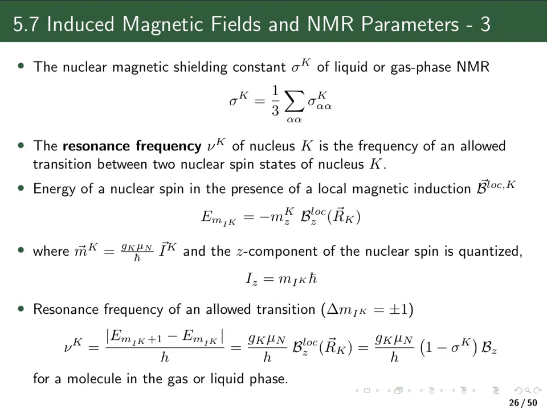So we actually don't know what the magnetic field outside of the molecule is. We know what the magnetic field of the magnet is, but we don't know what the magnetic field is in our probe, just outside of the molecule in solution.